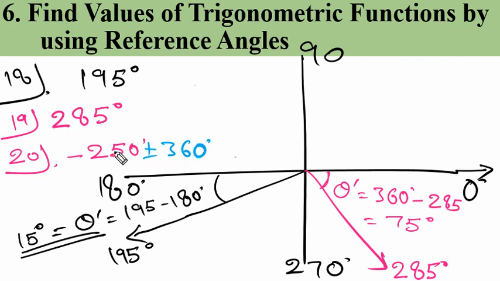If I do minus 360, that will give me an overall negative, so I will just do plus 360 because I need a positive measurement. So negative 250 plus 360 will give me 110 degrees.